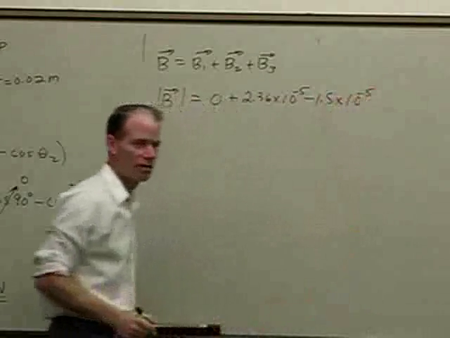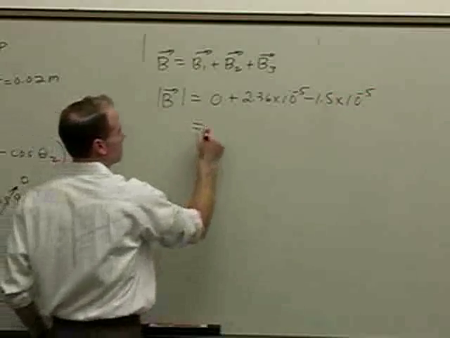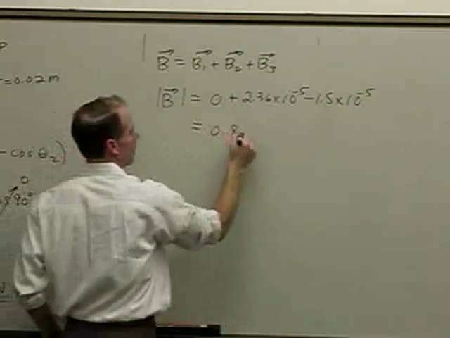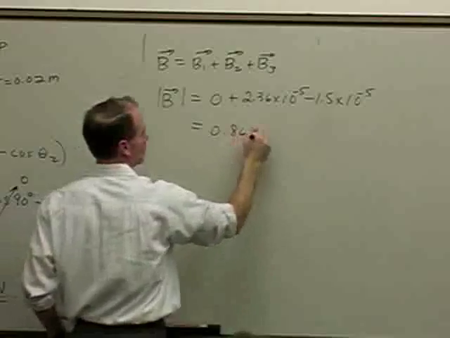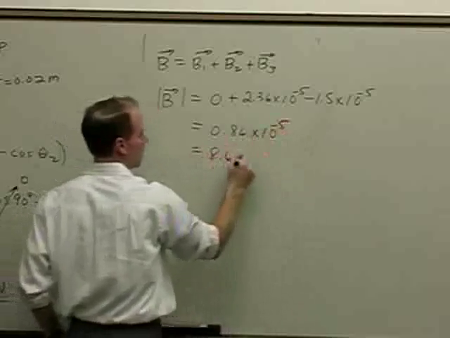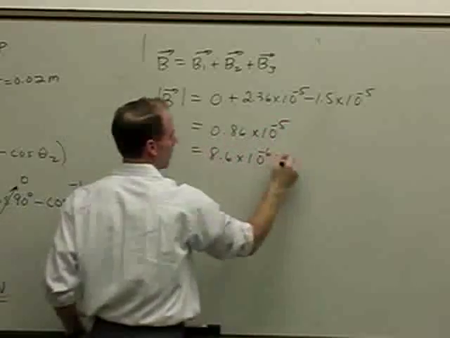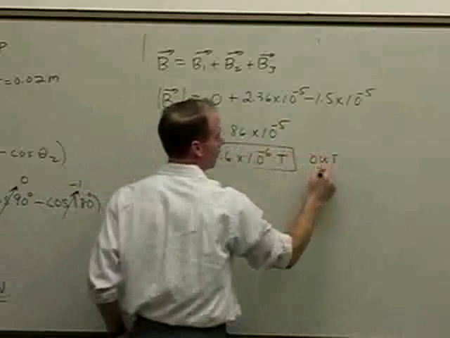If we think of our net field as coming out, this is going to be 0.86 times 10 to the minus 5, or 8.6 times 10 to the minus 6 Tesla, out of the page.